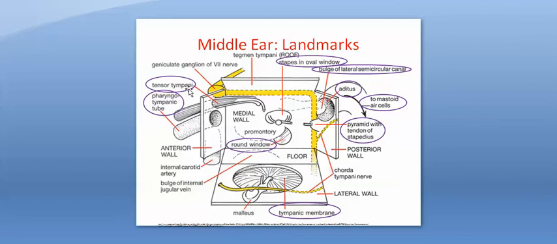So I want to see tensor tympani. I want to see the pharyngotympanic tube here. I want to see the stapes with the oval window. I want to see where the semicircular canals come through, the additus, mastoid air cells.